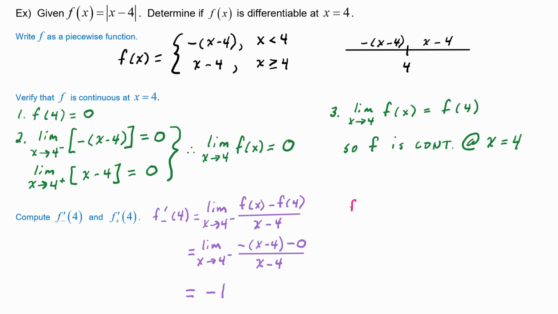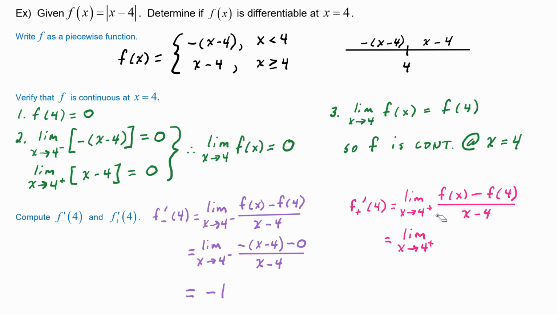Now let's do the derivative from the right at 4. And that will be the limit as x approaches 4 from the right of f of x minus f of 4 over x minus 4. So this will be the limit as x approaches 4 from the right.